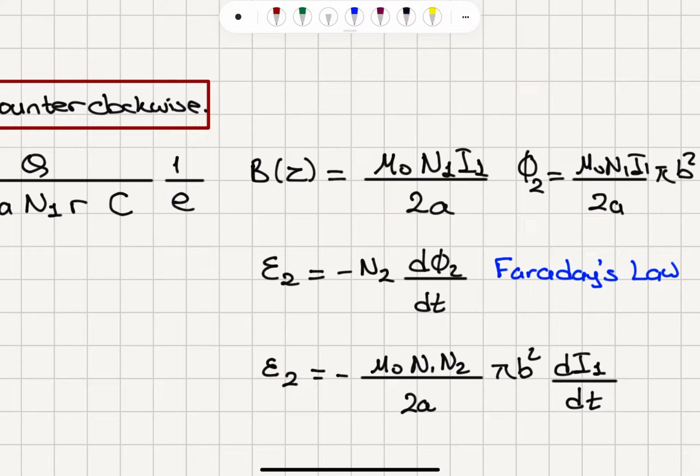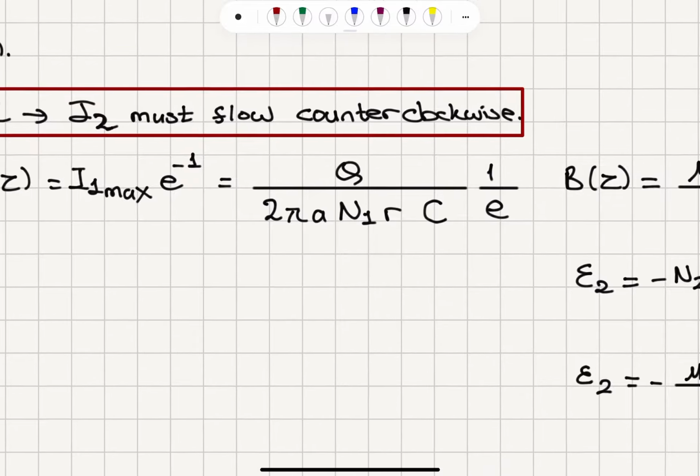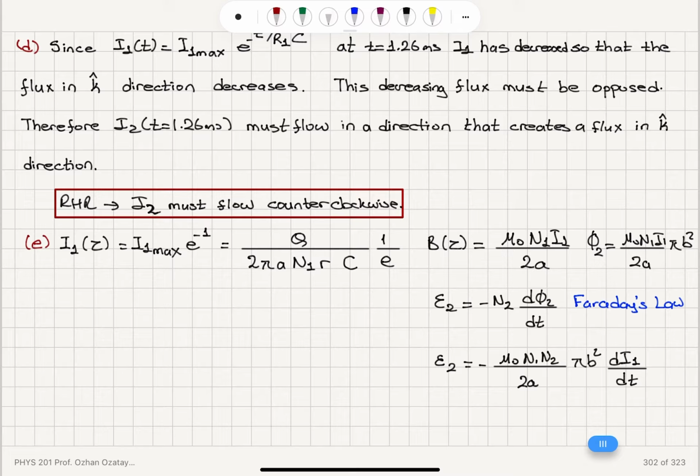The area is constant. Mu0 N1 over 2a is a constant. I have the N2 factor coming from Faraday's law, and I have di1 dt. So I need to know what di1 dt is.